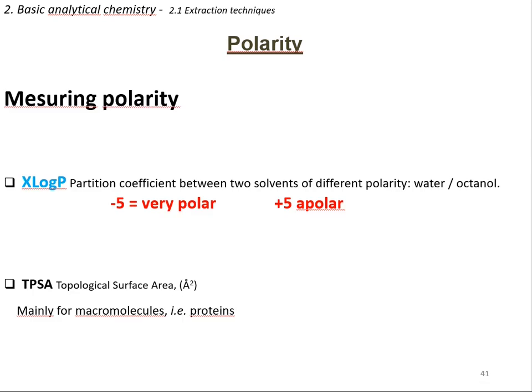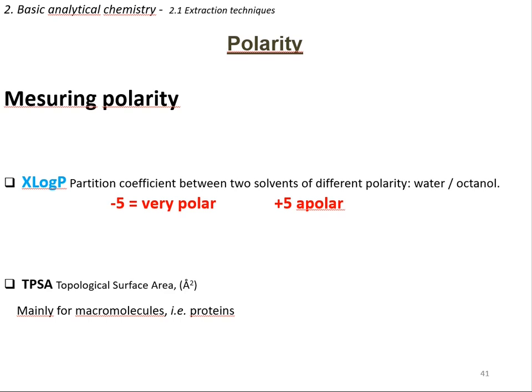We can measure objectively the polarity using the log P or XlogP, which is a coefficient of partition of a molecule between two solvents of different polarity, water and octanol. So depending on how much of the molecule is soluble in water and how much is soluble in octanol, you can calculate a logarithm of this ratio that will be between -5 for very polar compounds and +5 for very non-polar compounds.